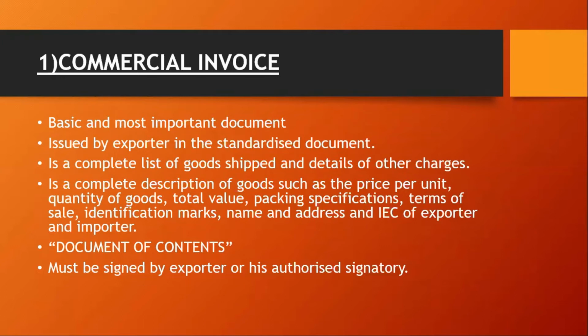It provides a complete description of goods, such as price per unit at a particular location, quantity of goods, total value, packing specification, terms of sale, identification marks of package, names and addresses of the importer and exporter, name of the port of loading and destination.